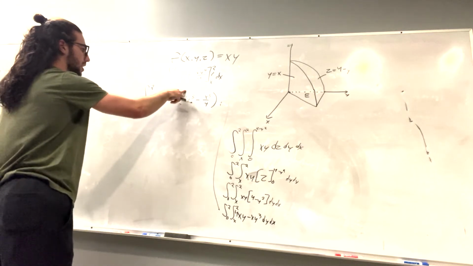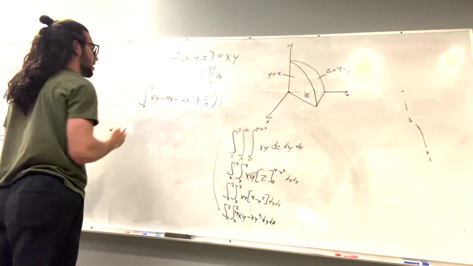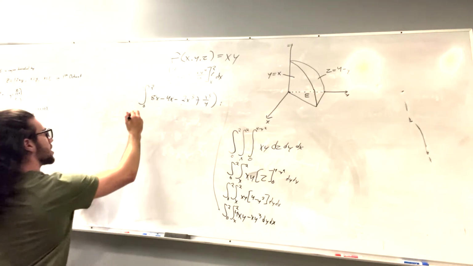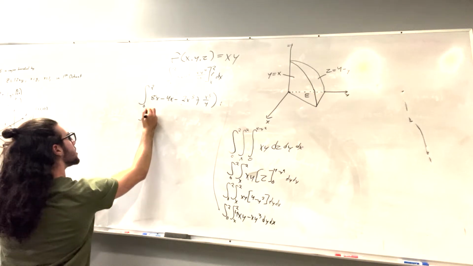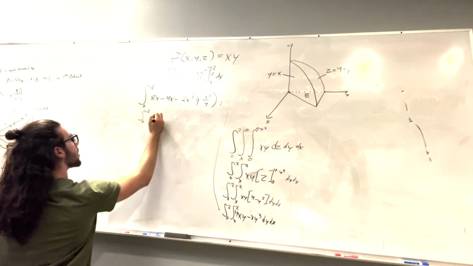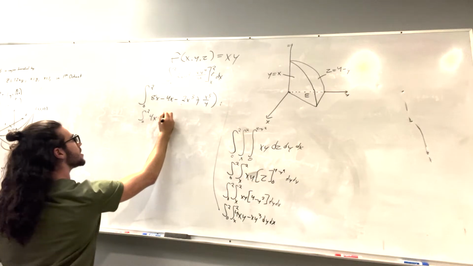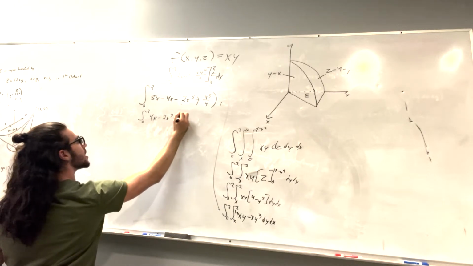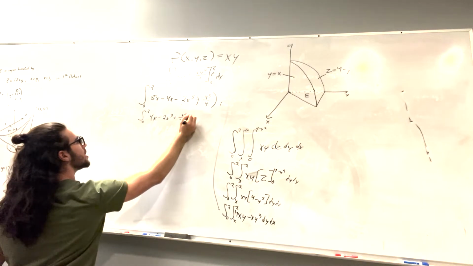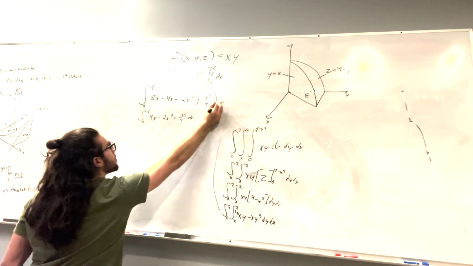And this negative will go to here, and this negative will cancel out that. So now we're going to simplify our terms. 0 to 2, we get 4x minus 2x cubed plus x to the fifth over 4, dx. I forgot a dx up there.